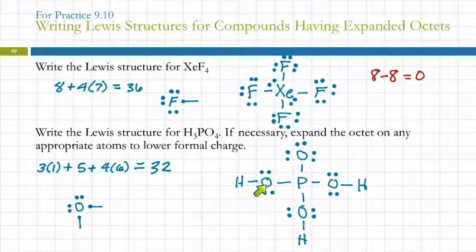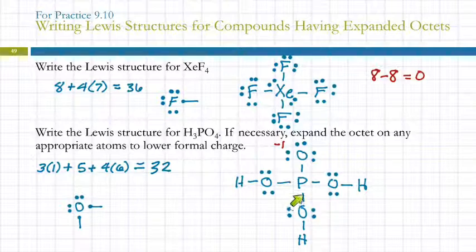So I can look at this one. This oxygen brought in 6 valence electrons. It would leave with 2, 4, 5, 6, 0 formal charge, 0 formal charge, 0 formal charge. This one has a formal charge. It brought 6, it's leaving with 7, so it has a -1 formal charge.